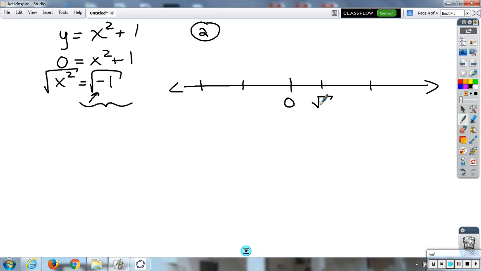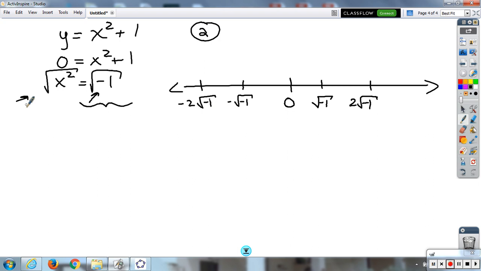So this would be the square root of -1 here. This would be 2 square roots of -1. This would be minus square root of -1. This would be minus 2 square root of -1. Having done that, let's go back to this problem here.